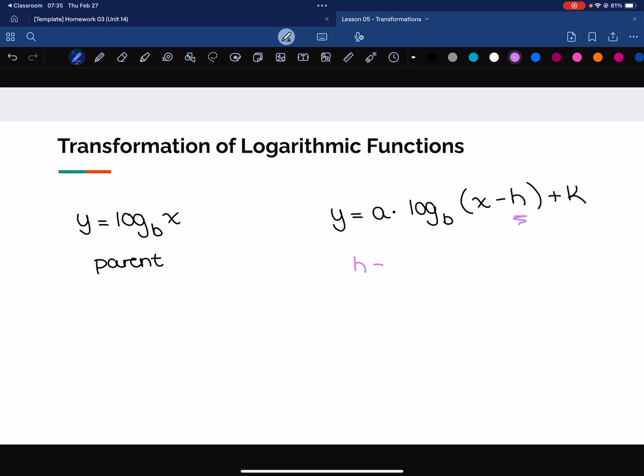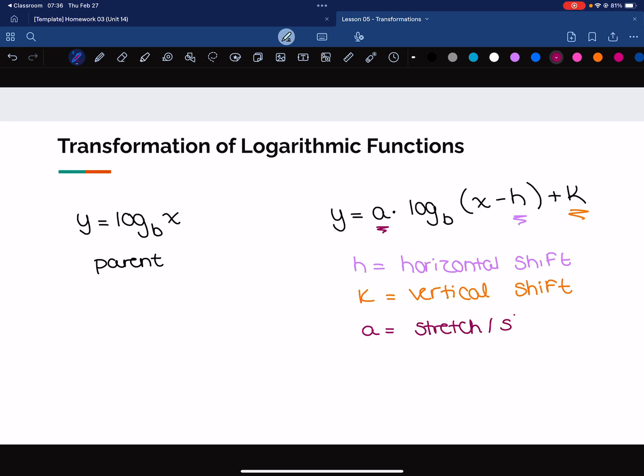H is going to be my horizontal shift closer to the x. K is going to be my vertical shift. And that a in front is your stretch or shrink again. That's like that dilation piece that occurs.